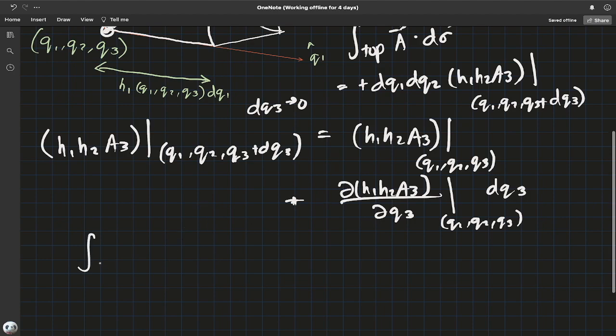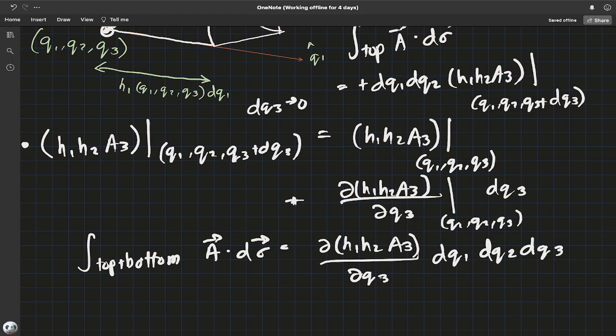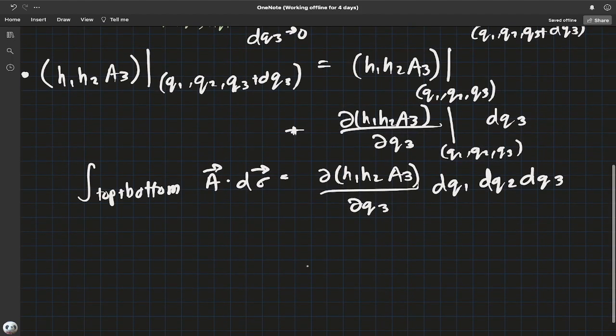So if you club the top and bottom surface integrals, A dot d sigma, we can use this expression to just get partial of h1, h2, A3, because we'll naturally have a negative sign, so that's like taking this and this term on one side, partial q3, dq1, dq2, dq3. Fair enough, fine.